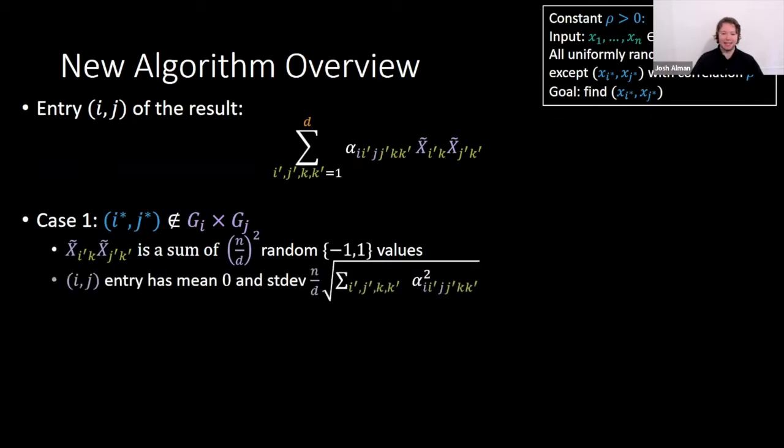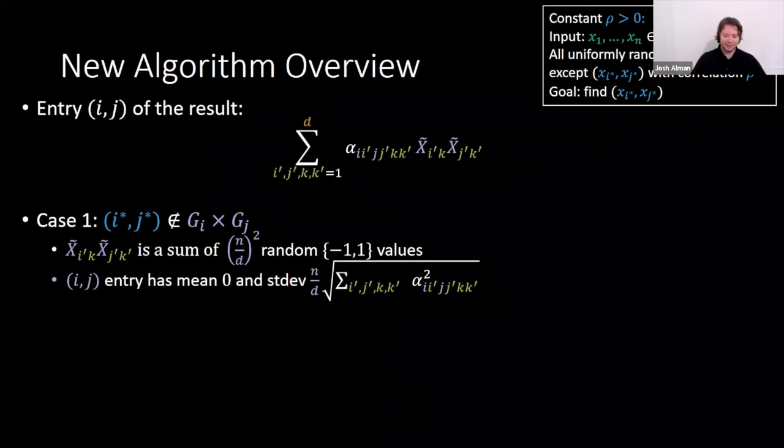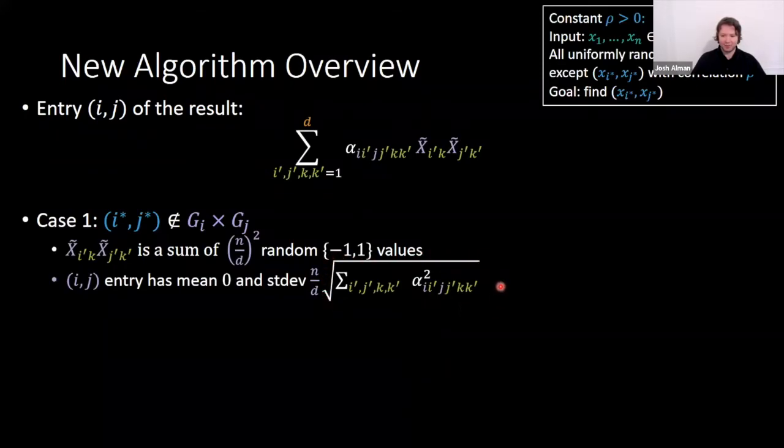So the ij entry still has mean 0, but its standard deviation is now multiplied by the L2 norm of the squares of the coefficients. This L2 norm comes up exactly because variance involves the expected value of the square of the appropriate thing. And then to get standard deviation, you take a square root of that. So when you do the calculation, this is what the standard deviation of the entry is.